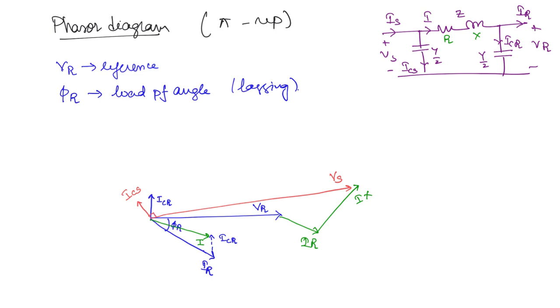Now you can add this I with this ICS, and you are going to get Is here. Now what will be the angle here? This is going to be phi S, the sending end power factor angle.